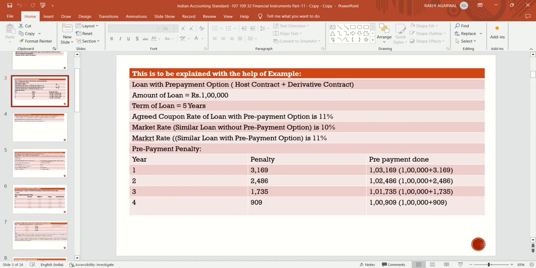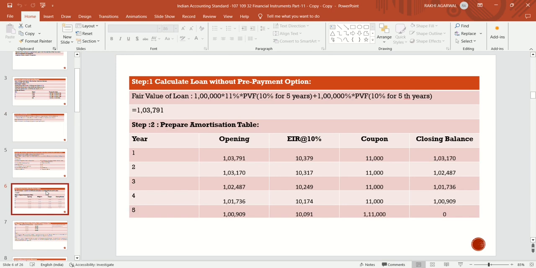The coupon rate is 11%, and the market rate without the prepayment option is 10%. So, if it is not prepaid, we will determine the present value factor.